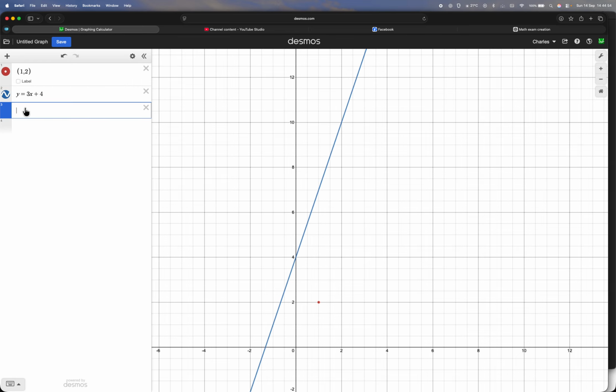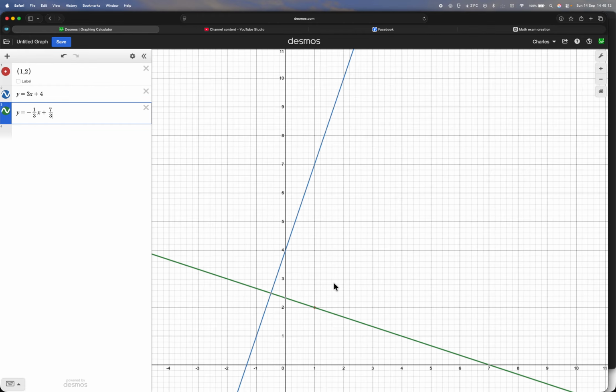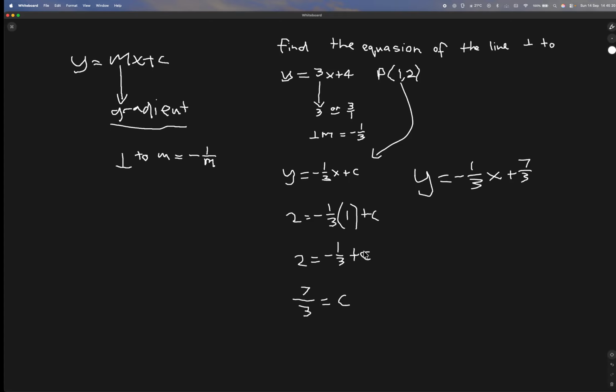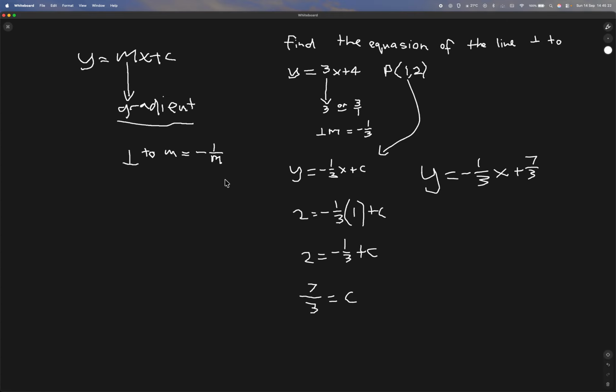So now, this is the equation of our perpendicular line, y equals negative 1 on 3x plus 7 on 3. There we go. So it's perpendicular, because we can see that there's a right angle there, and it passes through the point 1, 2.